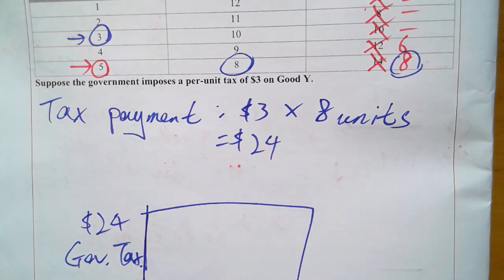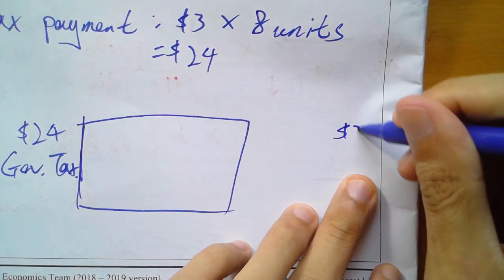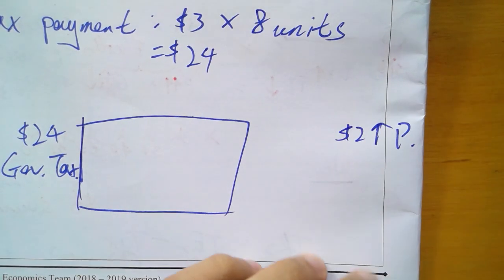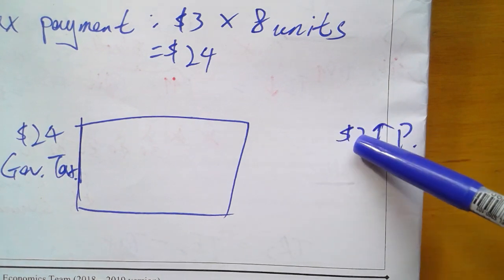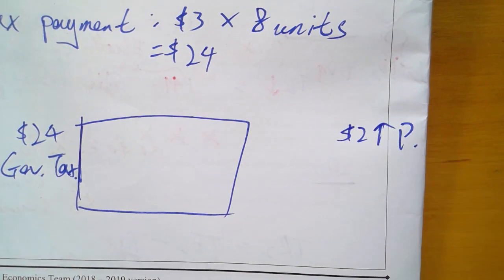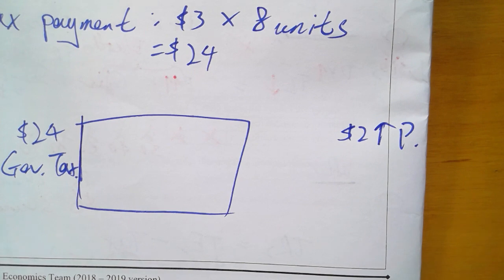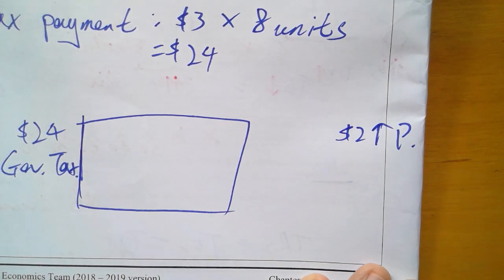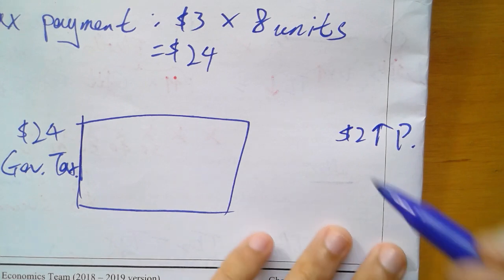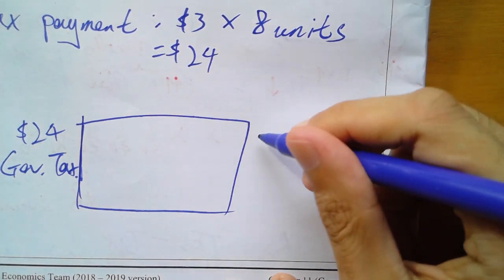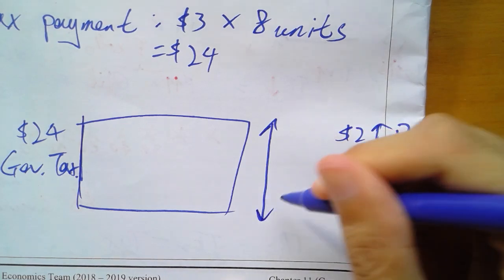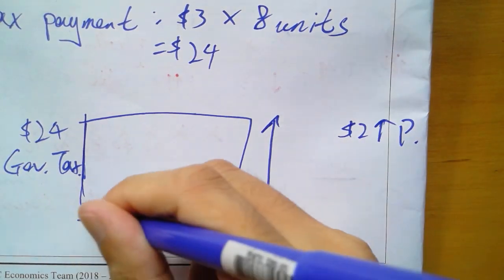Right now there is a $2 increase in price, right? Now I want to ask, when things become more expensive, who suffers? Producer or consumer? Of course the consumer is the one to suffer.